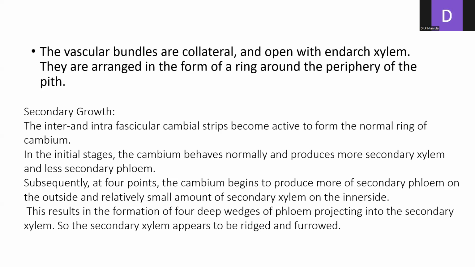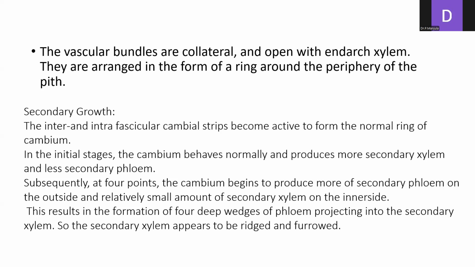Subsequently, after some time, it behaves abnormally, and mainly at four points the cambium begins to produce more secondary phloem on the outside and a relatively small amount of secondary xylem on the inner side.